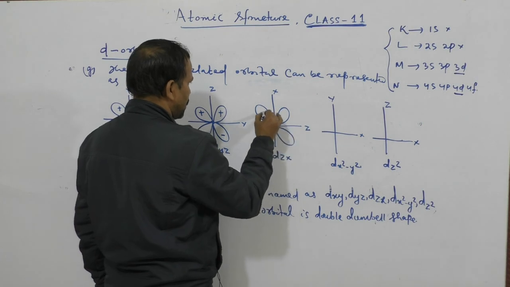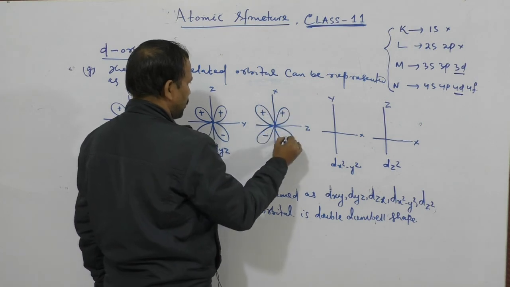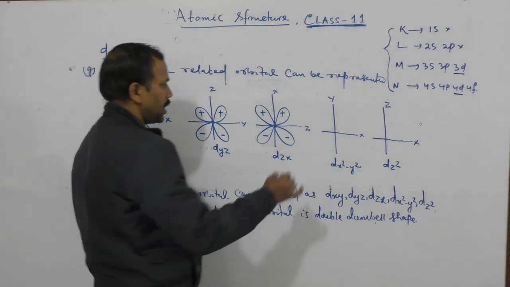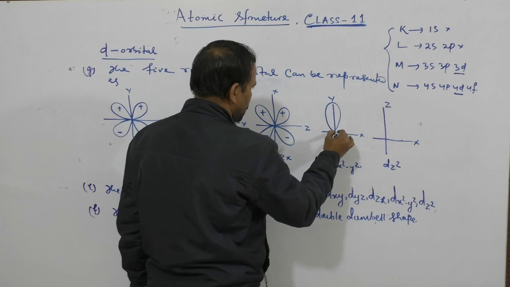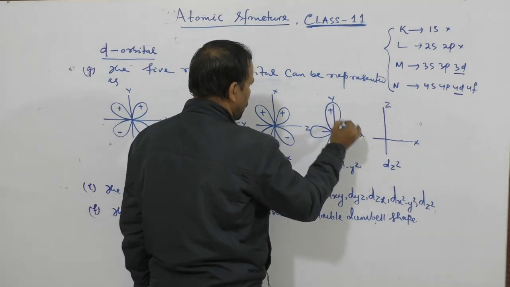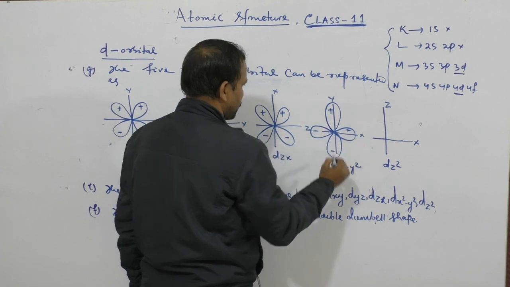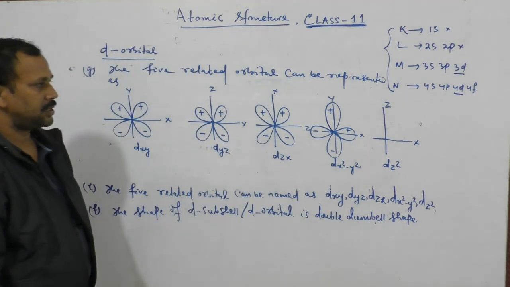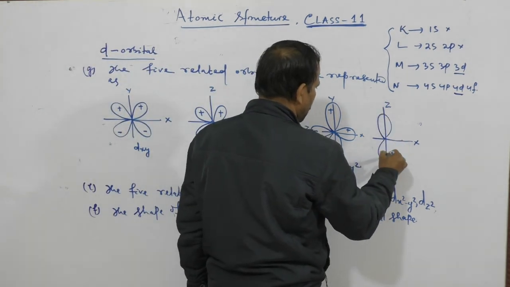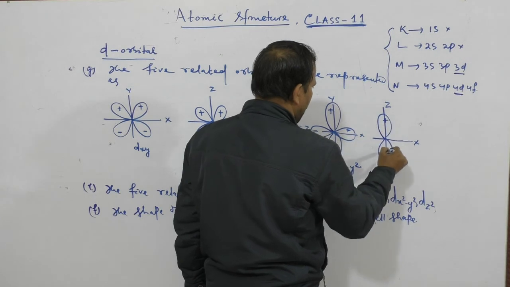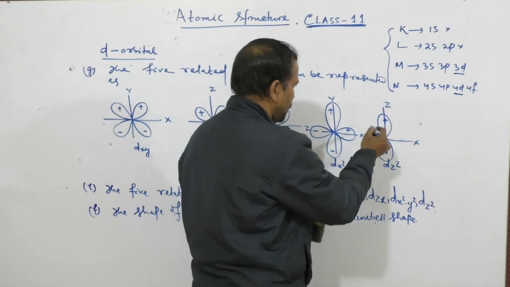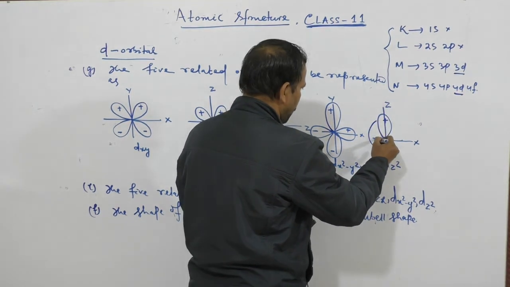That is called dzx. But in case of dx square minus y square, the lobes lie along the axes. This is one dumbbell, this is another dumbbell, plus, minus. But in case of dz square, one dumbbell lies along the z axis, and the other dumbbell lies in the xy plane. That will be represented in this manner.